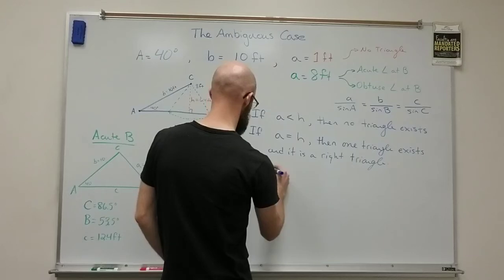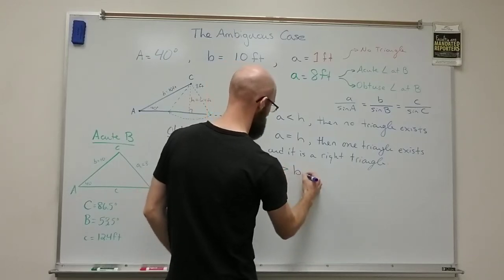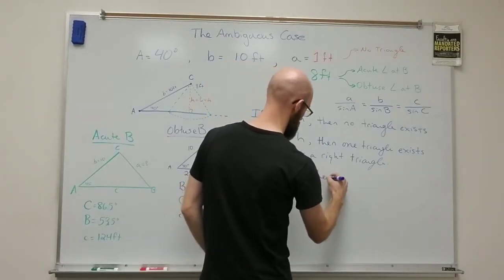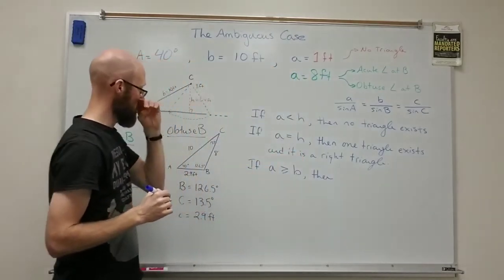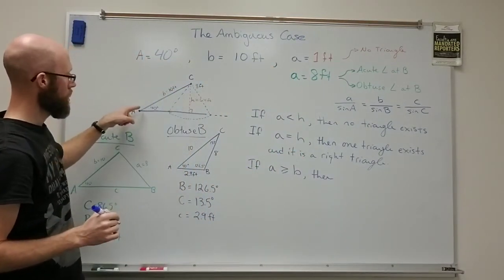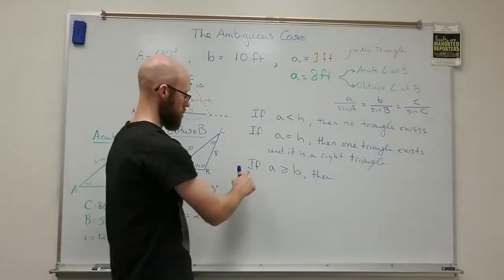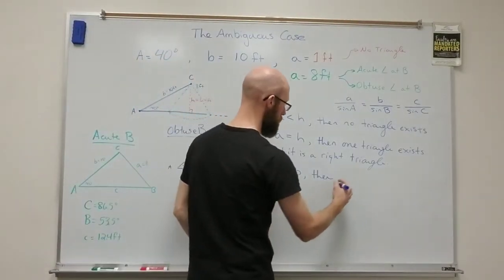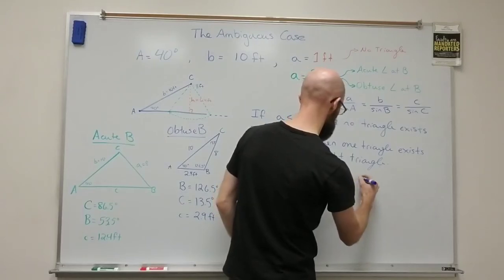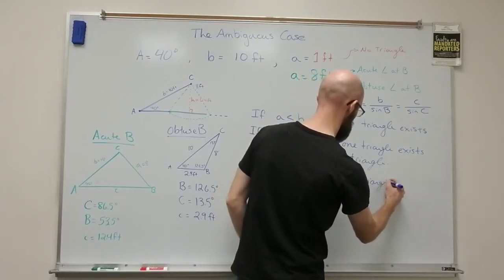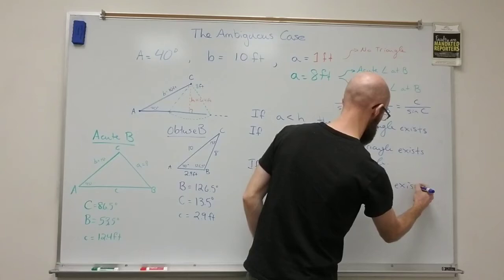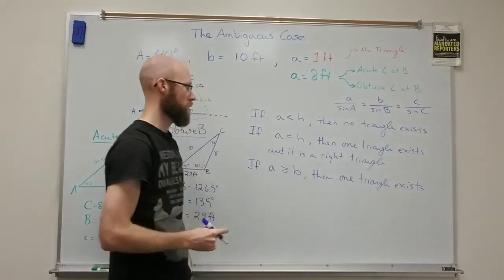So if A is bigger than B, actually I'd say bigger than or equal to. If it's exactly the same size as B, you wouldn't be able to swing it the other way either. So if A is greater than or equal to B, then one triangle exists.